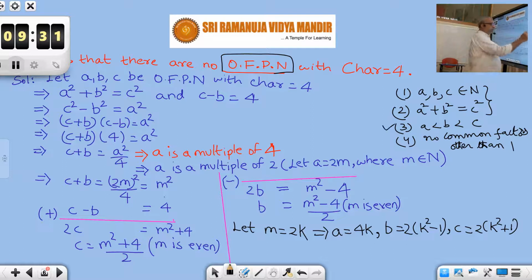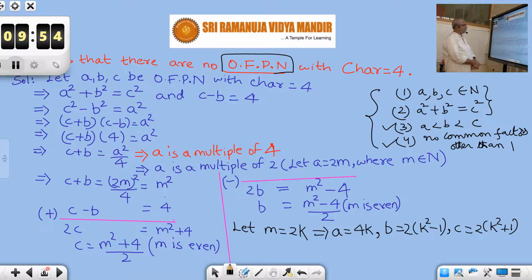So this condition is for ordered Pythagorean numbers, and this is for fundamental Pythagorean numbers. So if any 3 numbers A, B, C satisfy all these 4 conditions, they are called OFPN. So here in this problem we have to show that there are no OFPN with characteristic 4.